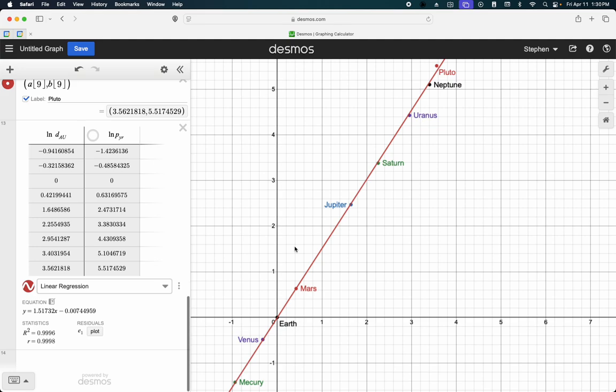And then on your notes, I'd like for you to please write down the equation for the line of best fit.